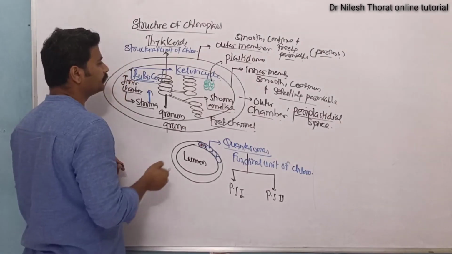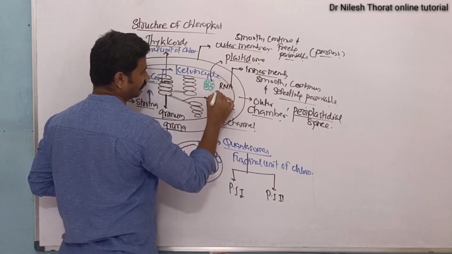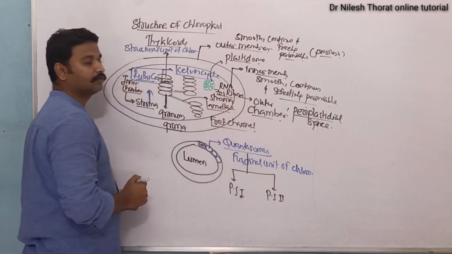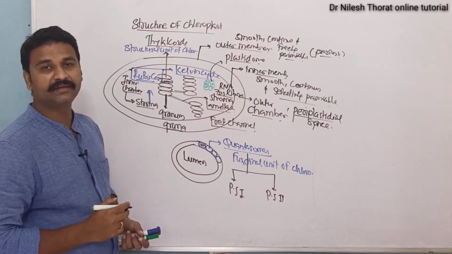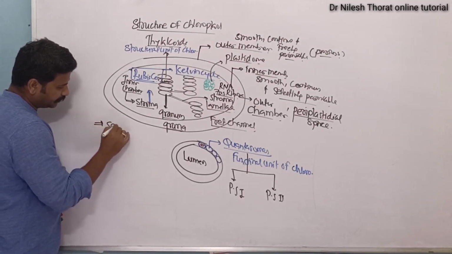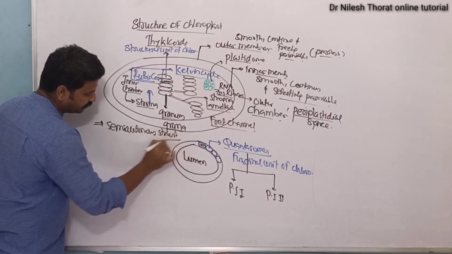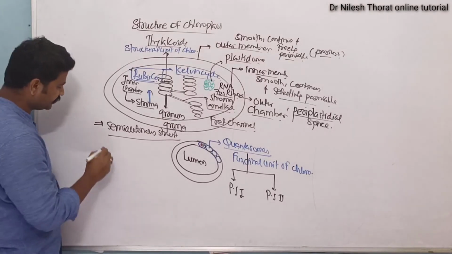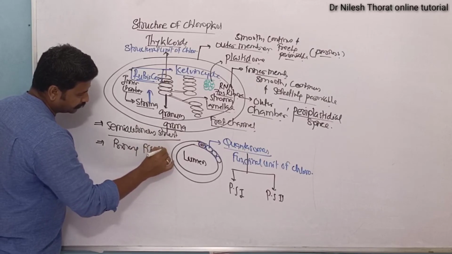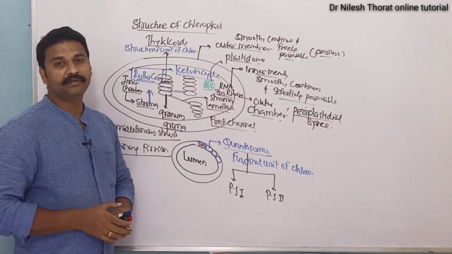Other than that, the chloroplast will have RNA and 70S type of ribosome. So due to the presence of its own DNA, RNA and 70S type of ribosome, the chloroplast is also a semi-autonomous structure, just like mitochondria, and their division is by binary fission. This chloroplast, just like mitochondria, has many similarities with the bacterial cell.